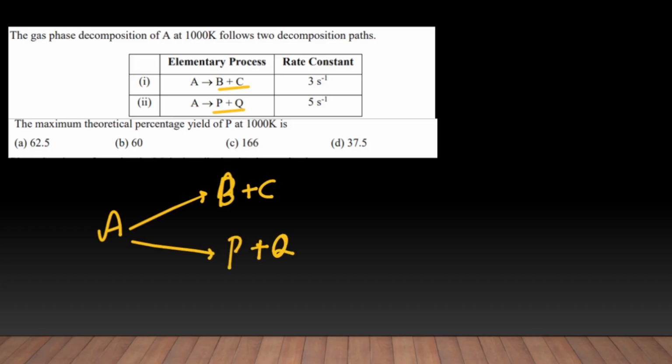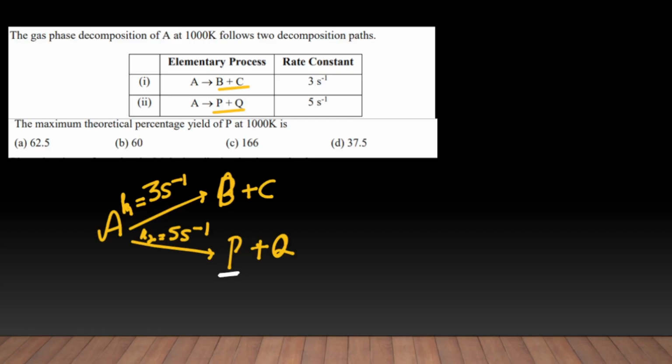Two different pathways have been followed. The rate constants for them are given as 3 second inverse and 5 second inverse. This is the rate constant K1 and this is the rate constant K2. The maximum theoretical percentage yield of P is being asked at this temperature.